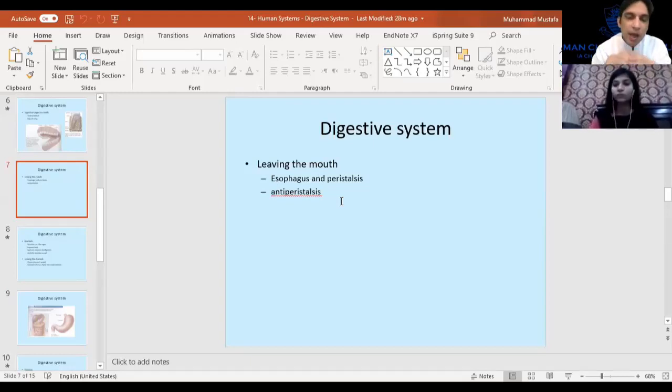It not only helps the food to travel within the esophagus, but it also helps the food to travel in the stomach and in the intestine as well. But the movement is quite slower in the intestine as compared to the esophagus, where it's very fast.